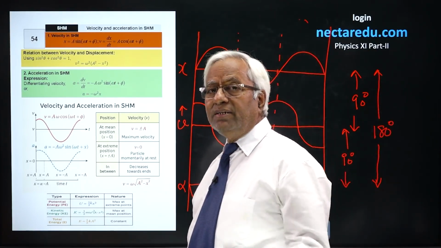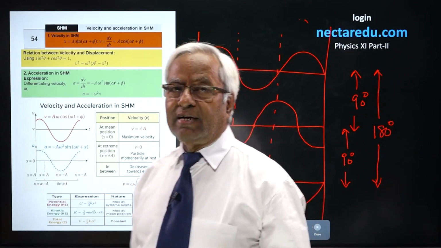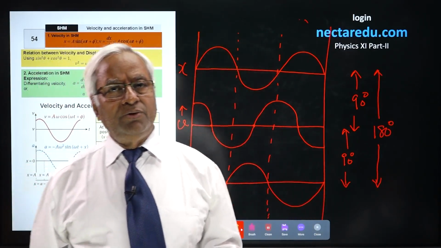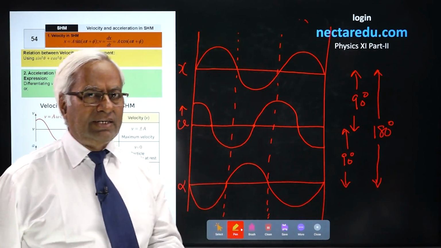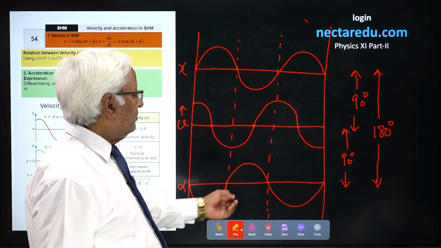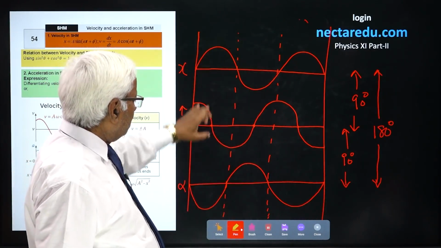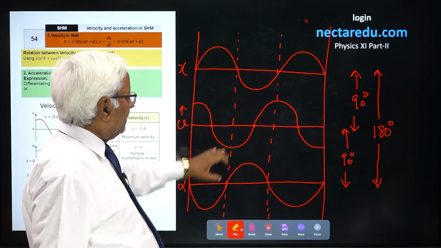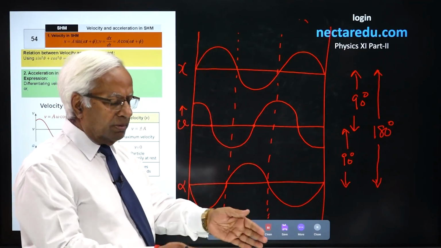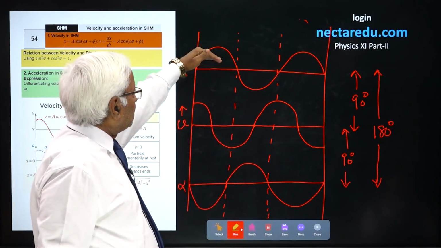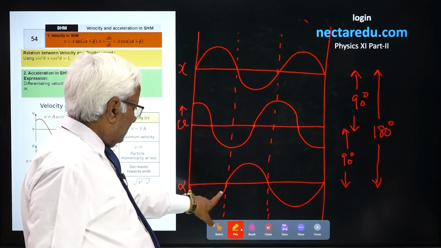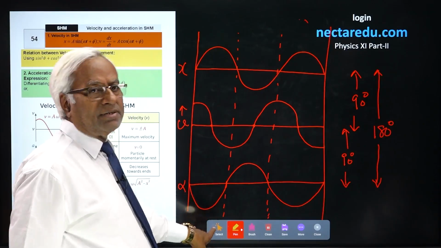You know, sine θ is used for x and for α we use minus sine θ, as I told you just a few minutes ago. Here you can observe that x and α are exactly opposite to each other, meaning they can supplement each other. This is the positive side, and in the same time span you see it becomes negative.